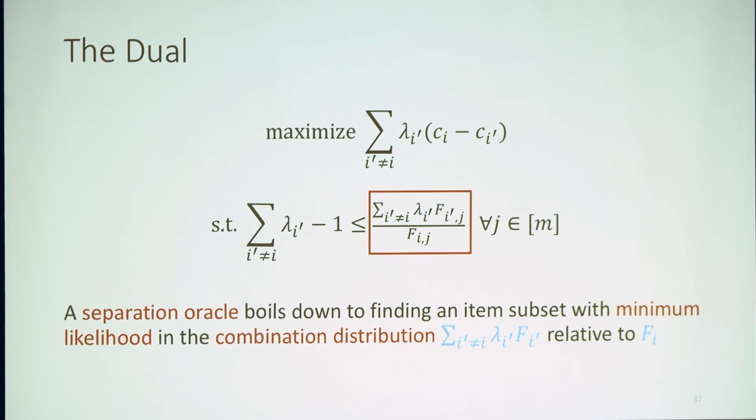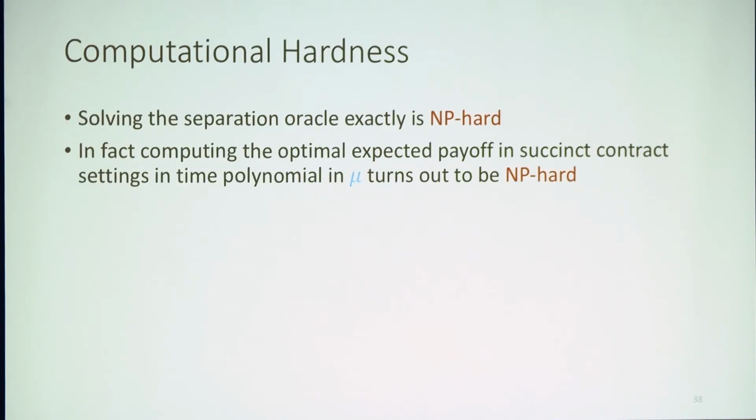So it's again solving some kind of min likelihood problem. But now this is for a combination distribution versus a product distribution. And it turns out that combination distributions in general are not product distributions, and this problem is hard. What you can show is that solving this separation oracle exactly is NP-hard. So this doesn't work. In fact, computing the optimal expected payoff in this setting in time polynomial in mu is also hard. So what can we do?